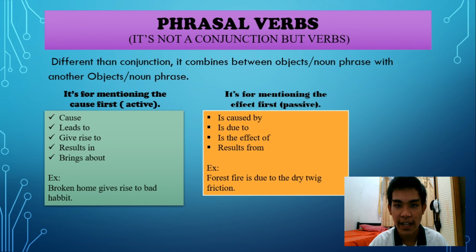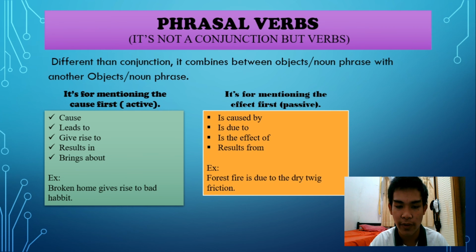So if the timeline is past, we have to add verb 2 in the phrasal verbs. Cause will be changed into caused with D, and etc. For example, I use the simple present tense example. Broken home gives rise to bad habit.